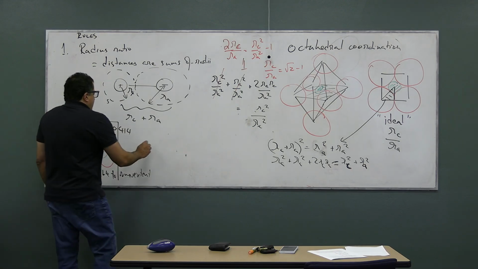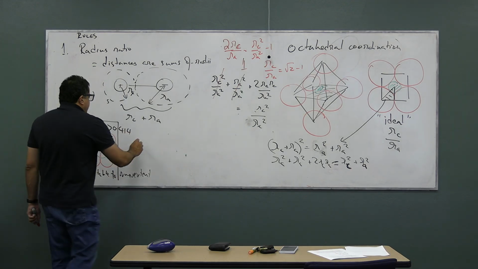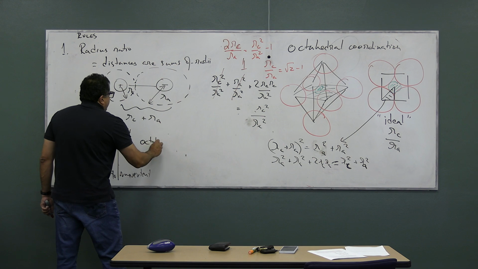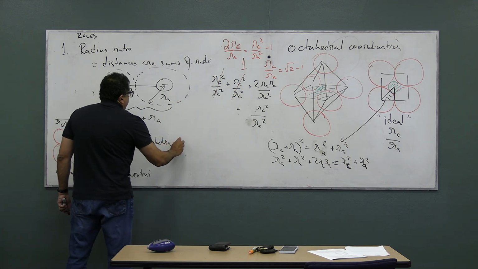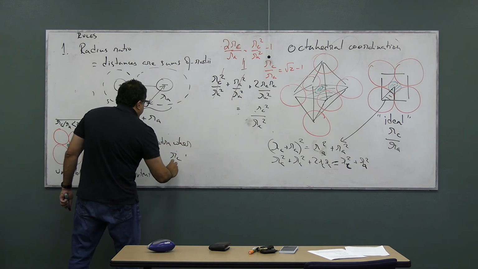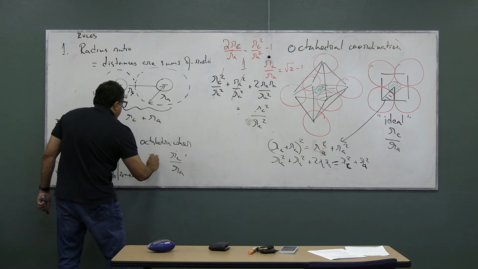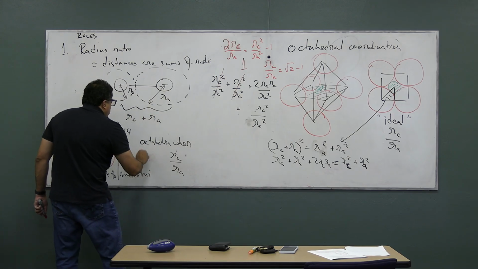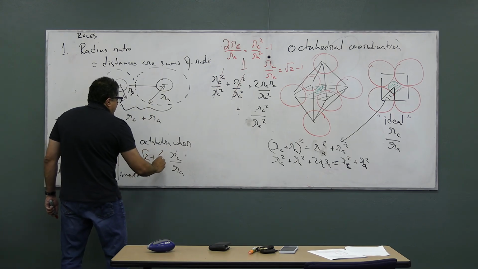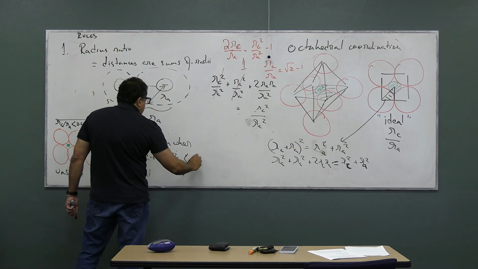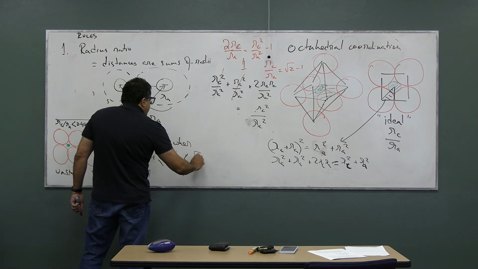But basically what you learn is octahedral coordination when RC over RA is, I'll write it as, root 2 minus 1 is less than or equal to RC over RA, less than or equal to root 3 minus 1.